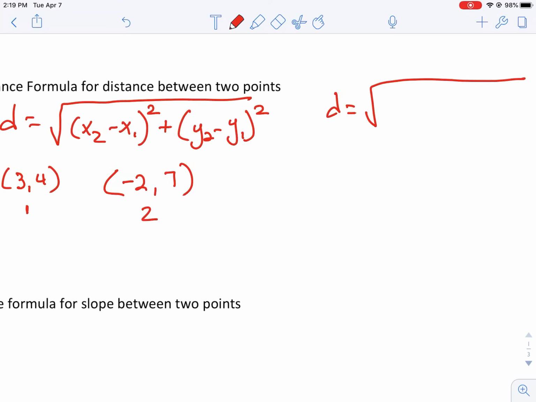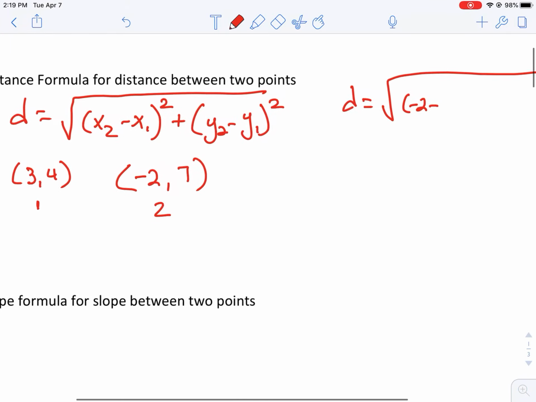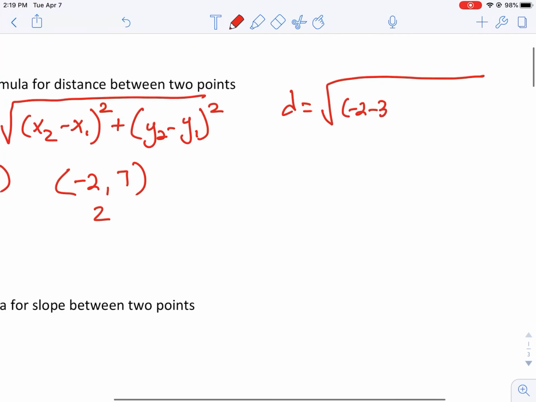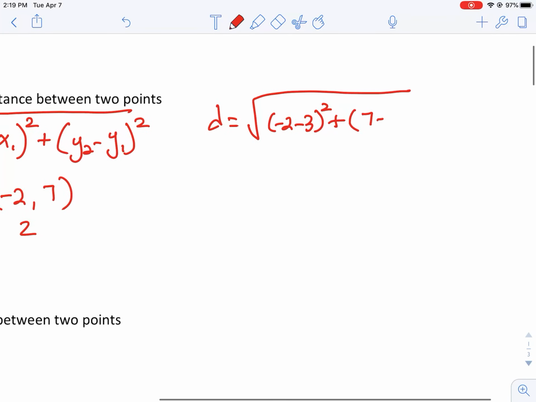So the distance equals the square root, and we're going to say the x of the second point is -2 minus the x of the first point I gave you, 3, squared, plus the y of the second point, which is 7, minus the y of the first point, which is 4.